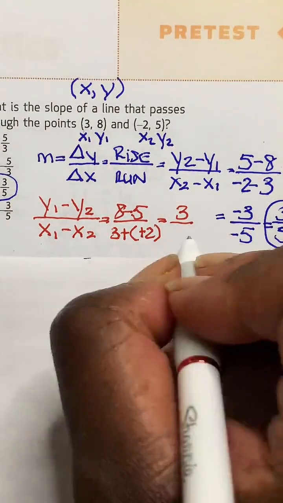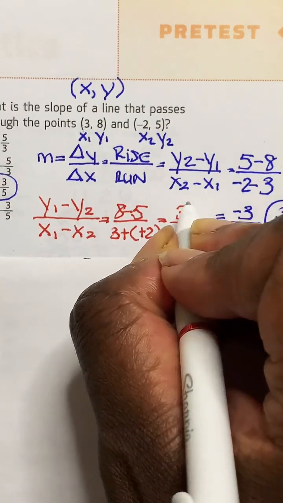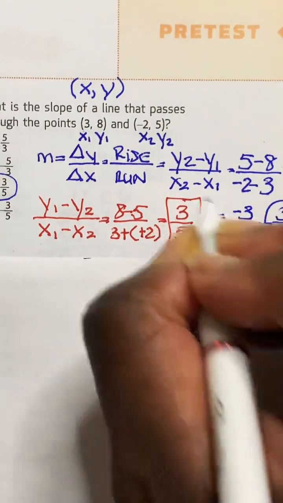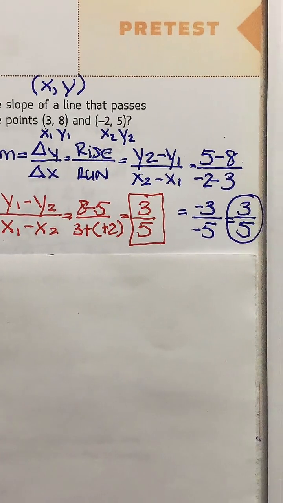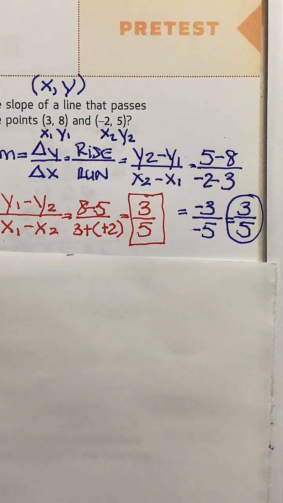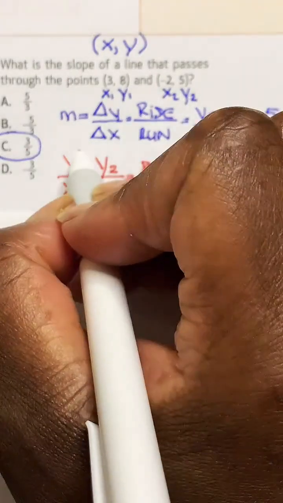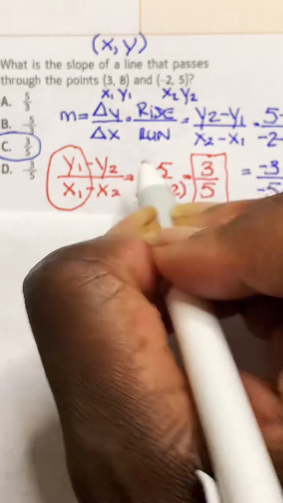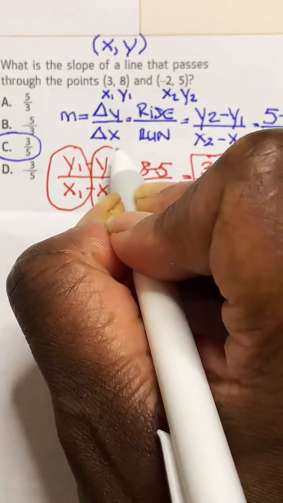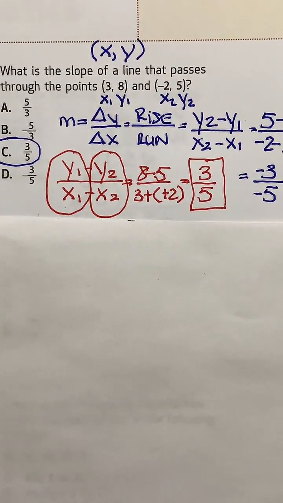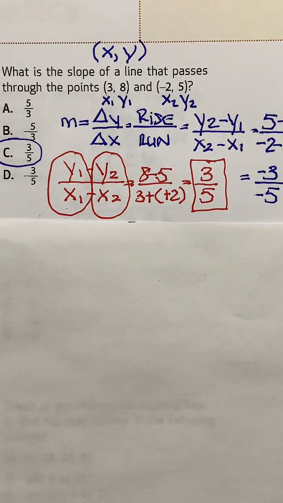So 3 plus 2 gives me 5. You get the same answer and no more mix-up. Keep the order. That's all it is. Make sure that your Y1s and X1s are matched up with your Y2s and your X2s. Just make sure they're matched up.